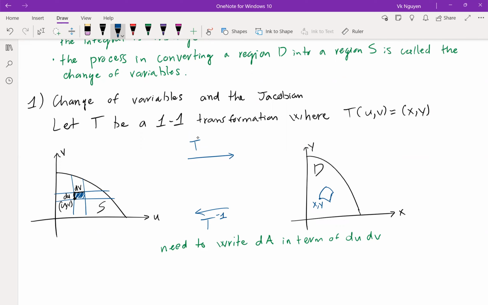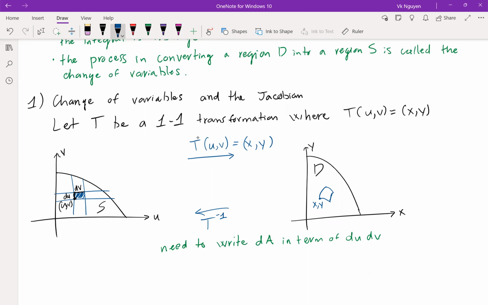We want to somehow estimate this area. We can do so because of the transformation. The transformation is T(u,v) equal (x,y).